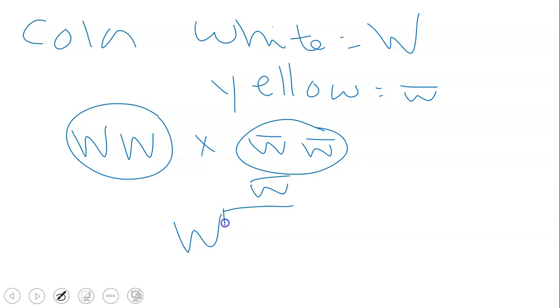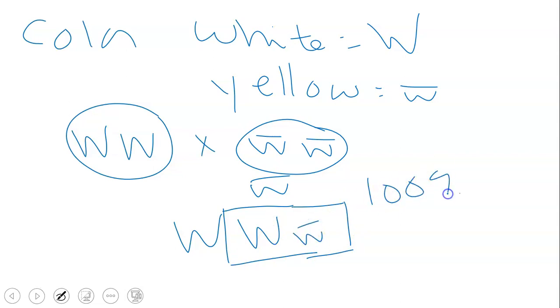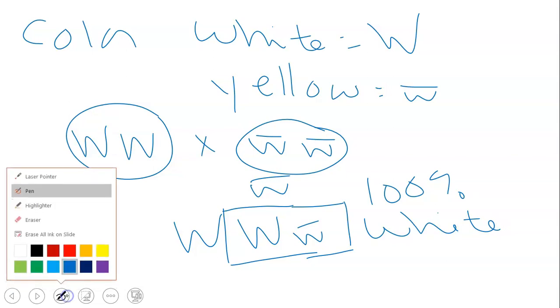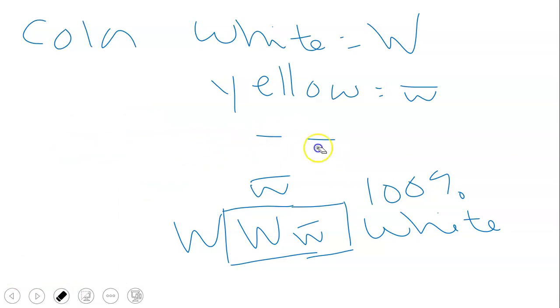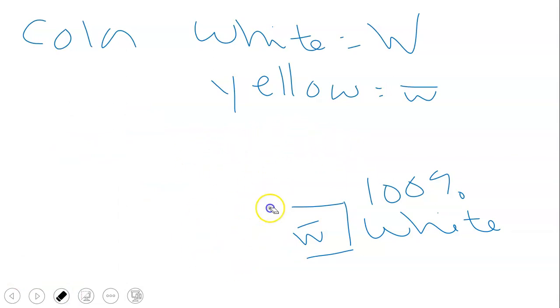So our Punnett square would look like this, really simple. And inside of there we would have big W, little w. Okay, so again, 100% white heterozygotes. Okay, so that's that first part. Let me get my eraser, and we're going to erase just some of this. We'll go to our next cross.